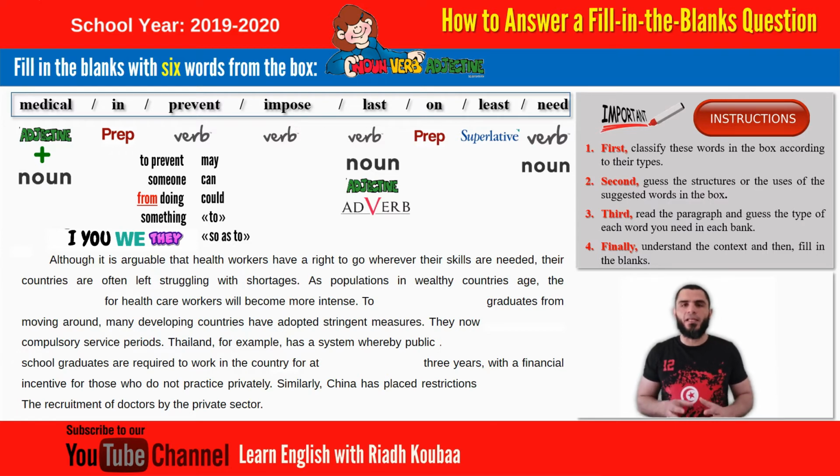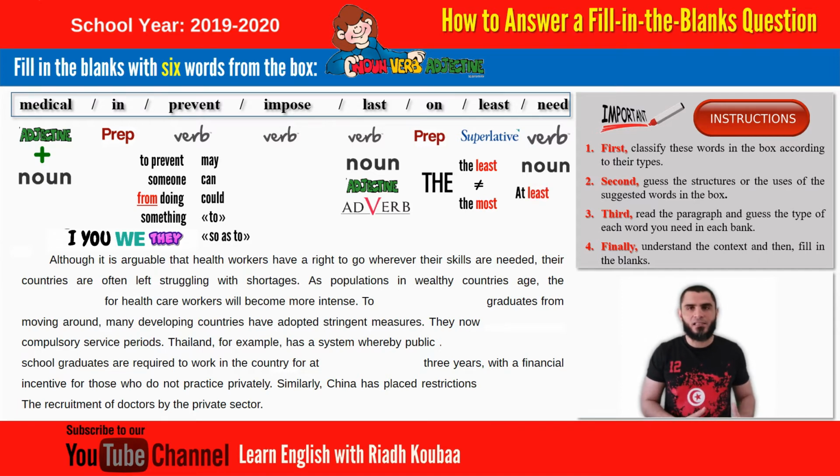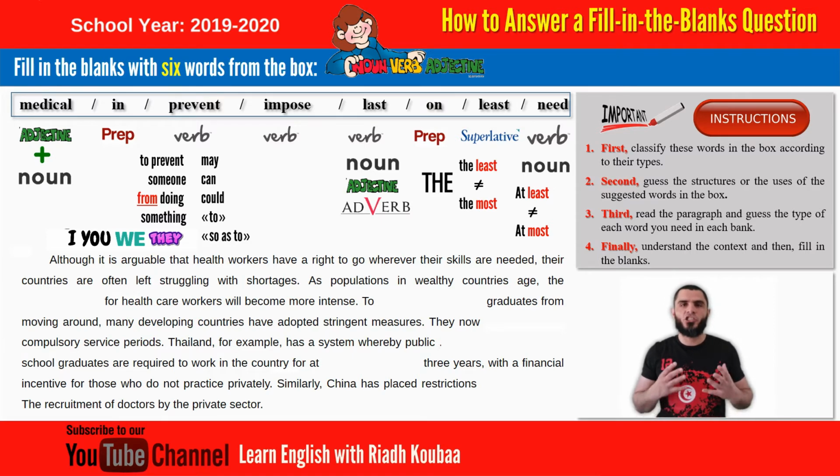We say the least and the opposite is the most. So again, I have to expect to find the if it's going to be used. We can also say at least and the opposite is at most. We have two prepositions in the box which are in and on. When you follow such strategies, chances are you are more likely to get the full mark.